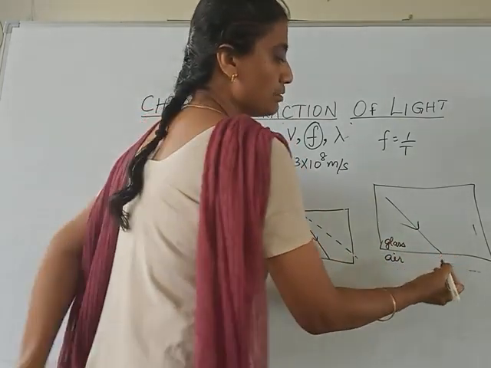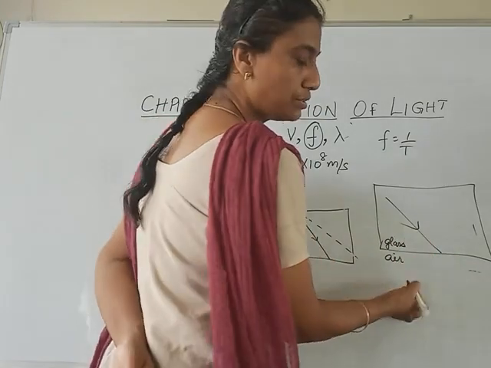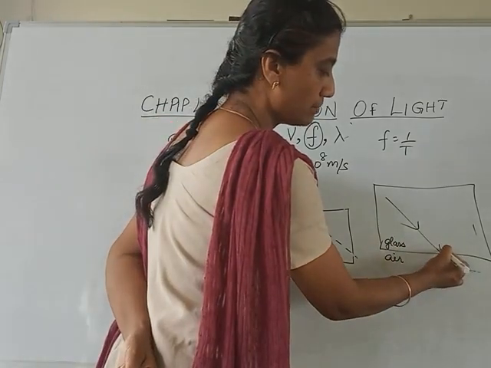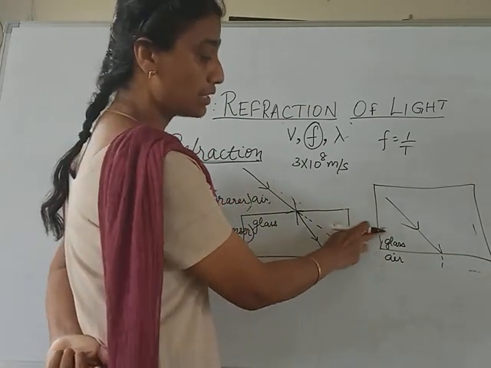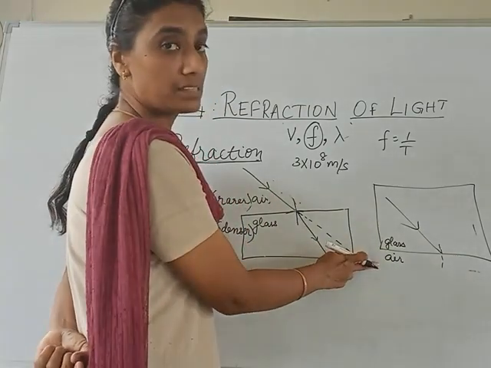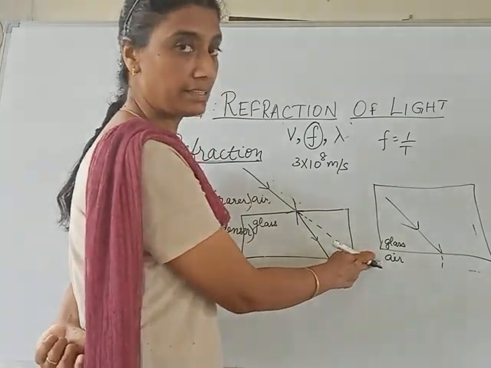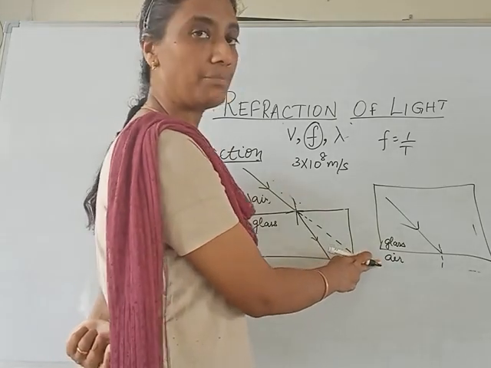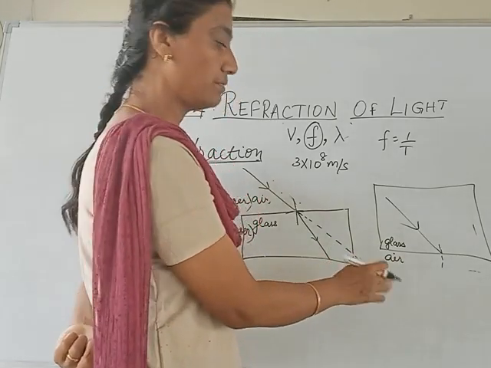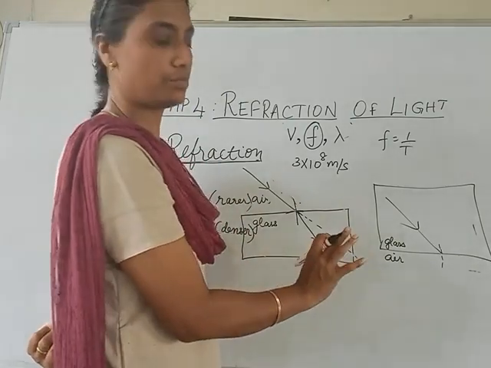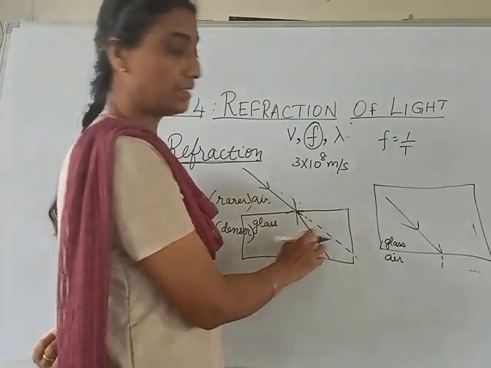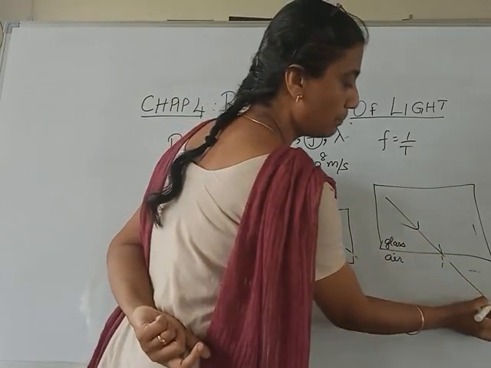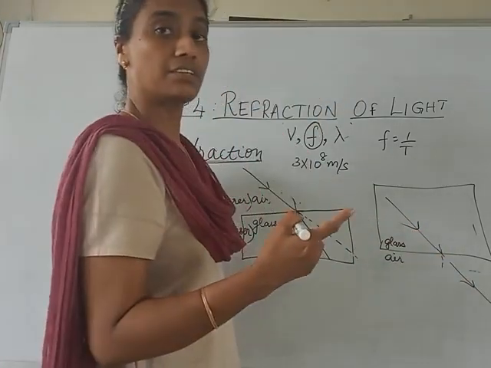As usual, speed is going to change when it enters this medium, and its speed is going to increase because this was a denser medium and this is a rarer medium. So in air, its speed will increase. So what will happen? It will complete the path very soon. Now, that is also a problem. Here it will take time to finish, so it has to take a shorter path. Now here, if it goes in the original path, it will finish faster.